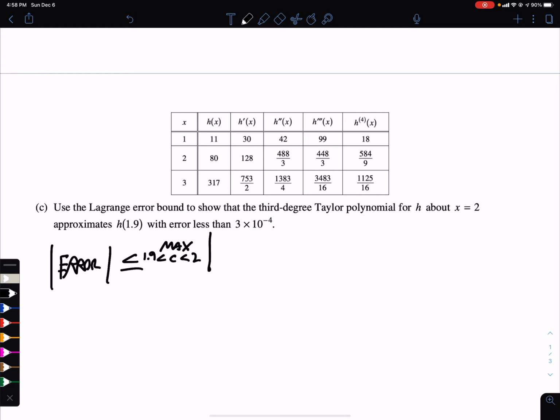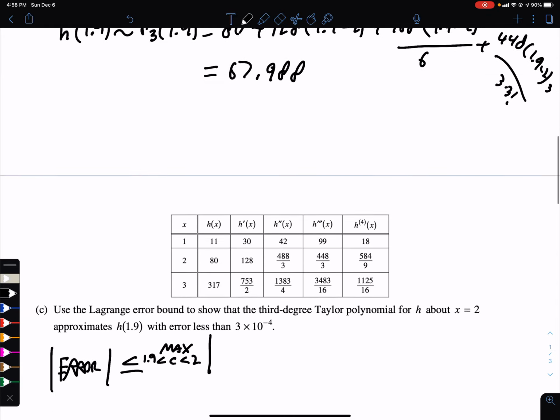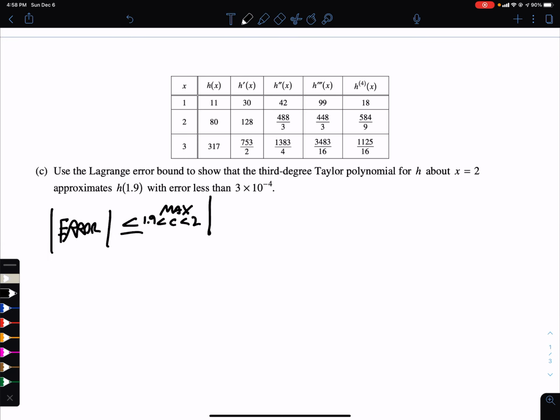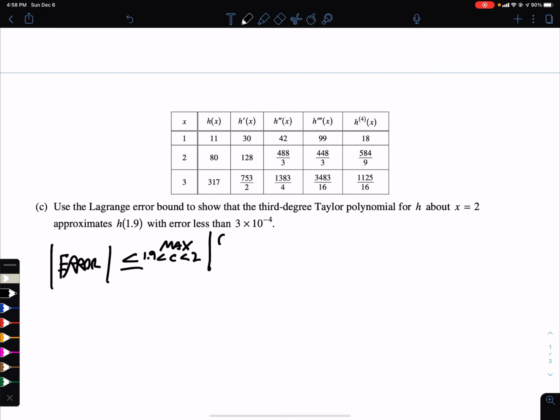And we want the next term. It's a third degree, so it's going to be the 4th degree term, which is the 4th derivative at some point C. So the maximum of the 4th derivative at some point C times x minus 2, but it's going to be 1.9 minus 2.